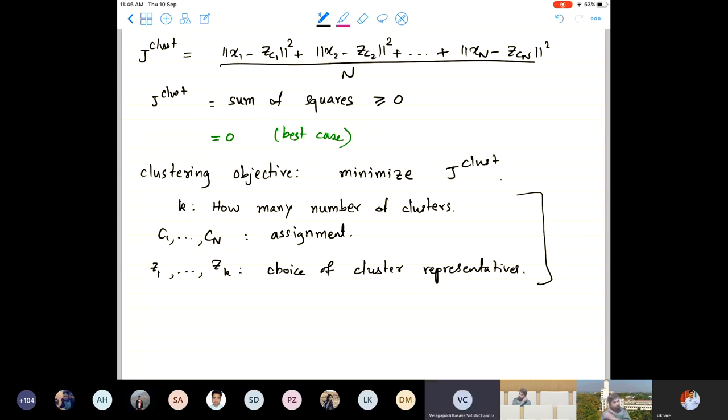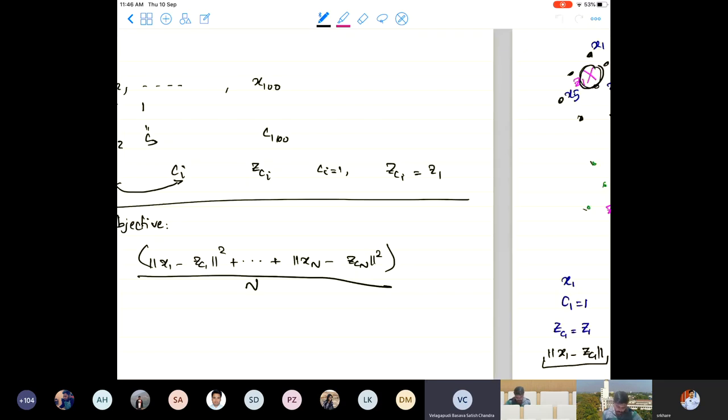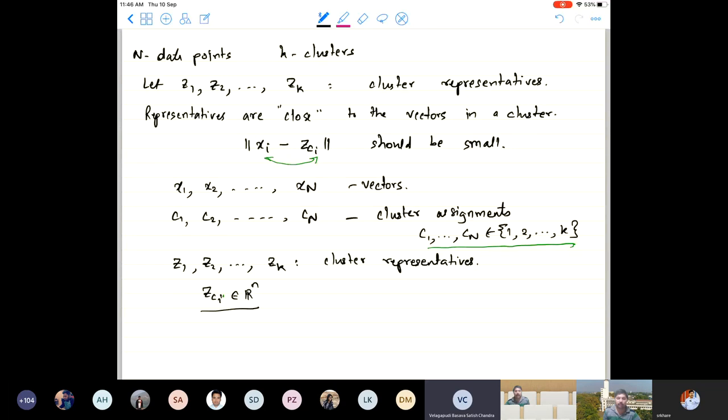Sir, if we consider an example where x1, x2 are coordinates of points in R2, then the cluster representatives will also be a coordinate, a point. Correct. I already told you somewhere that these Z's will also be vectors in Rn.